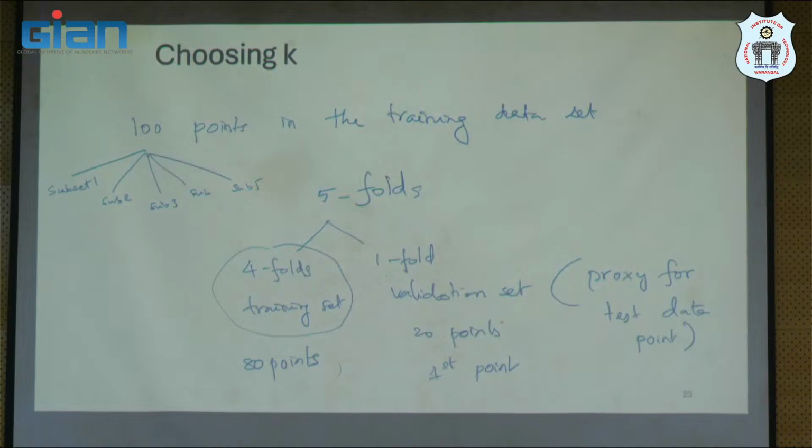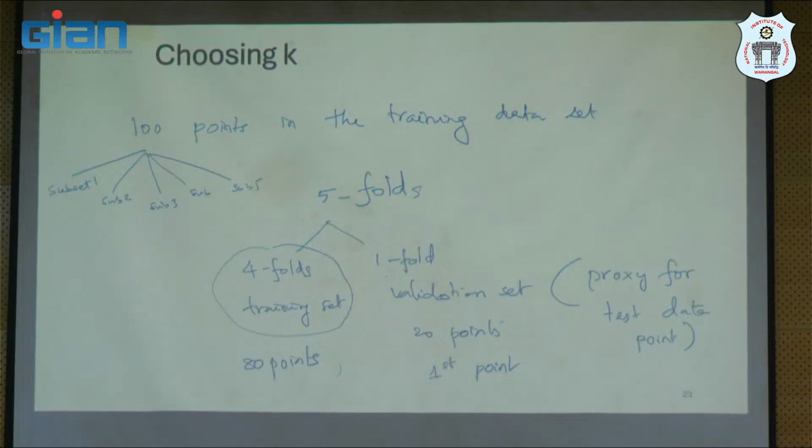Then for the same test data point, choose k equal to 3, assign label, k equal to 5, assign label, k equal to 7, assign label, k equal to 9, repeat, and assign label. So you can go on until infinity.